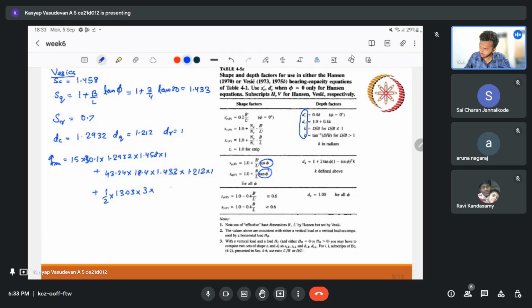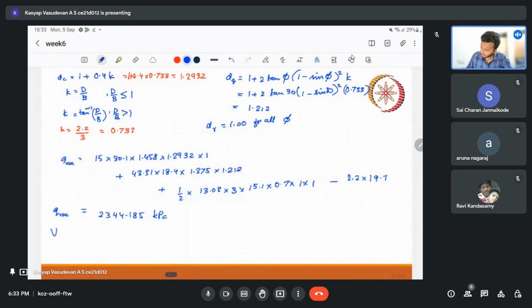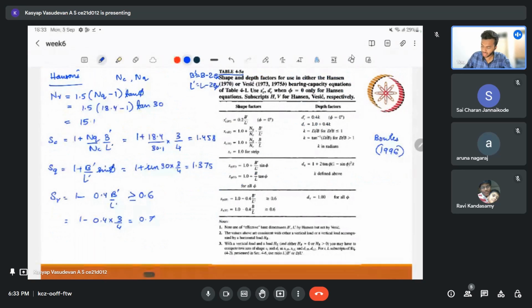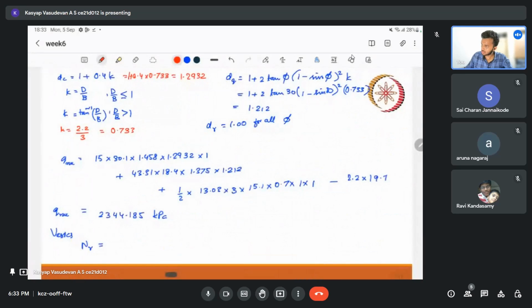Gamma is 22.1. Okay, I forgot to say that in Vesic, the N gamma equation is different. As I told before, this particular equation was for Hansen. For Vesic the equation is different.